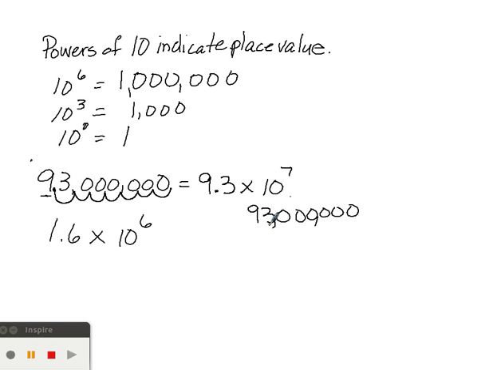If you have a number in scientific notation and they want you to write it in standard form, which means writing it with all of your zeros and no powers of 10, this says move your decimal point 6 places to the right. 6 is a positive exponent, so positive numbers move to the right. Copy down your coefficient, move 6 places.